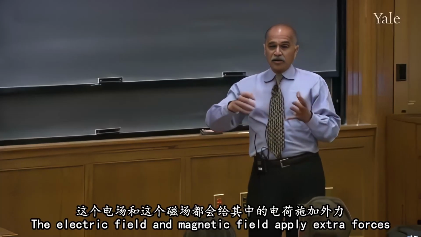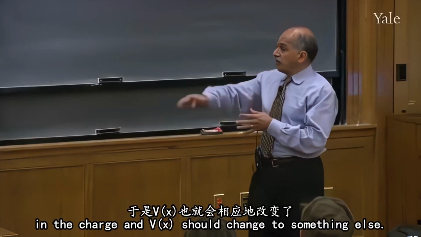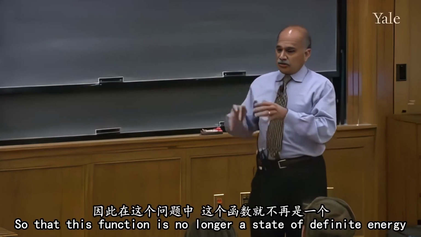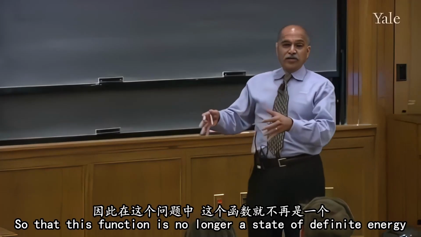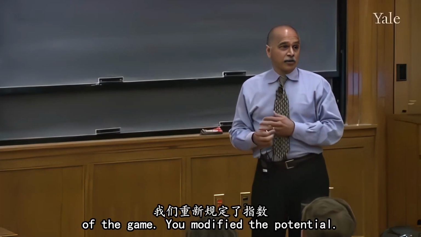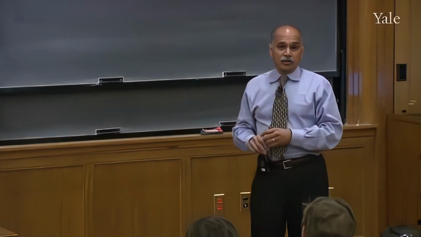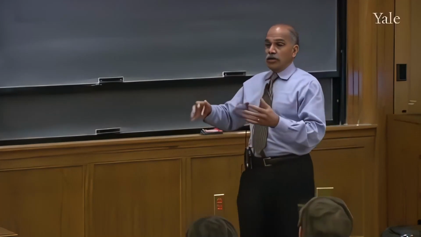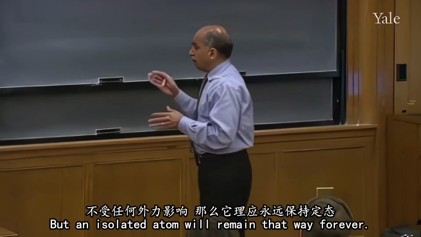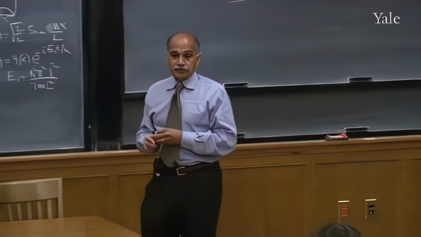The electric field and magnetic field apply extra forces on the charge, and V of x should change to something else. So that this function is no longer a state of definite energy for the new problem, because you've changed the rules of the game. You modify the potential. Then, of course, it will move around and it will change from one state to another. But an isolated atom will remain that way forever.